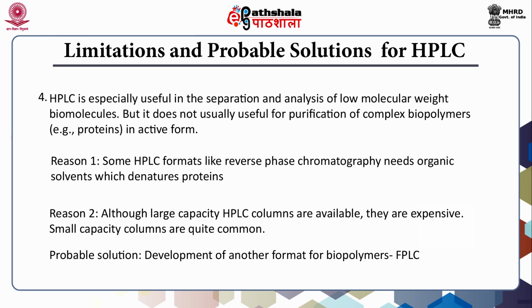So, what is the probable solution for this kind of limitation for the purification of biopolymers? One alternative for the purification of biopolymers is FPLC, that is fast protein liquid chromatography. Now we are going to discuss these HPLC supplements in the coming slides.